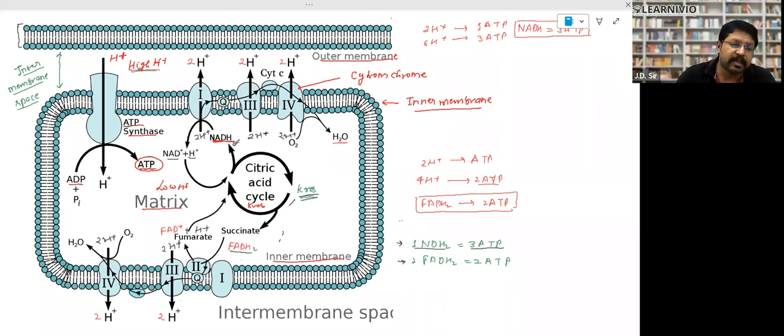In the intermembrane space there is a high hydrogen ion concentration. In the matrix there is a low hydrogen ion concentration. These hydrogen ions will leak out inside, and when they leak out, formation of ATP will take place. When 2 hydrogen ions will leak out, how many ATP will be produced? 1 ATP. When 6 hydrogen ions will leak out, how many ATP will be produced? 3 ATP. That's why 1 NADH2 is equal to 3 ATP.